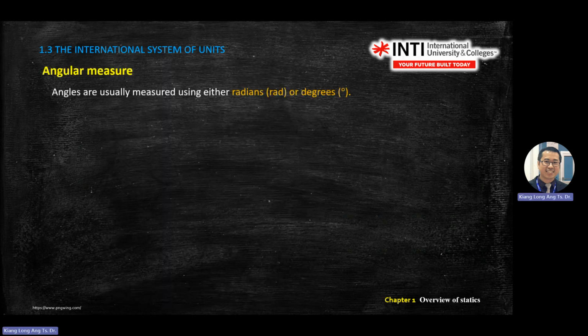Next, we look at direction or angle. So we deal with two units in angle. One is radian, one is degree. So you still remember what you learned in your mathematics? 2 pi, yeah?